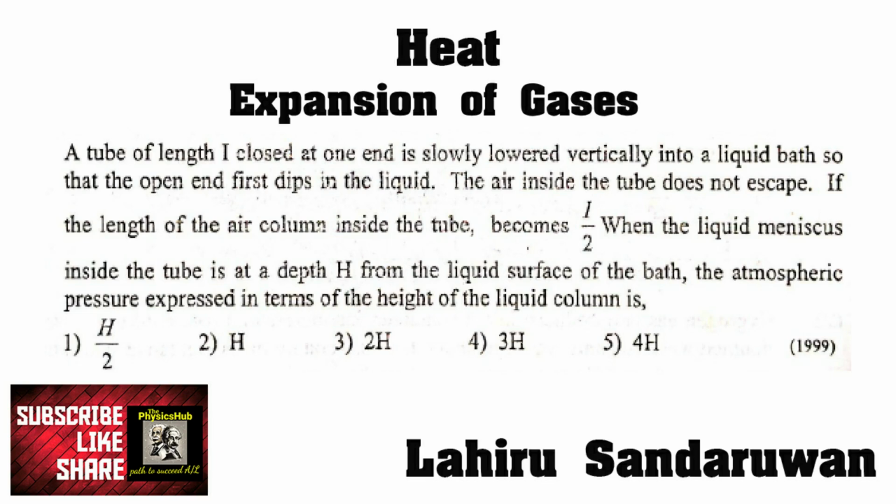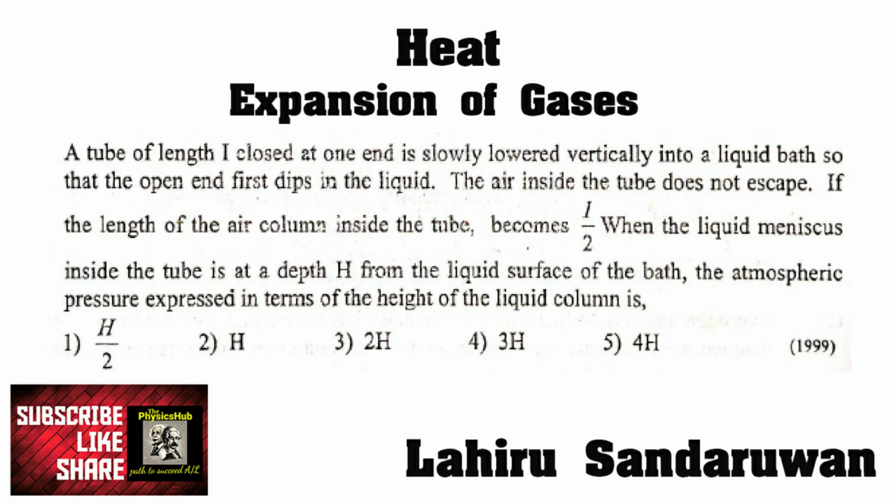A tube of length L closed at one end is slowly lowered vertically into a liquid bath so that the open end first dips in the liquid. The air inside the tube does not escape. If the length of the air column inside the tube becomes L over 2, then the liquid meniscus inside the tube is at a depth h from the liquid surface of the bath.